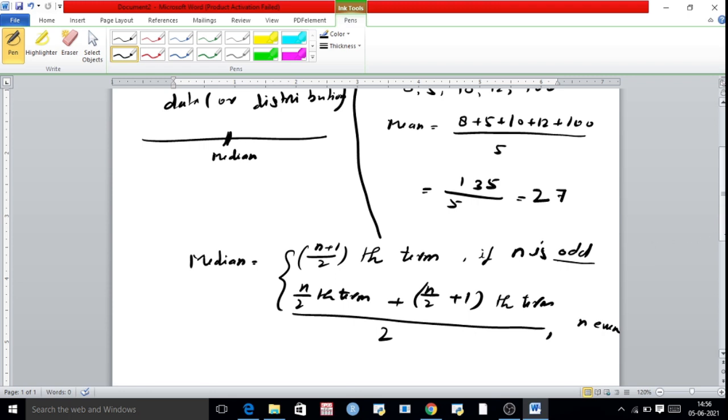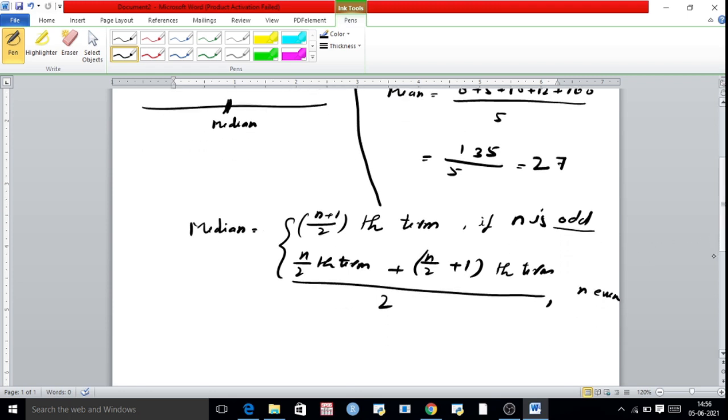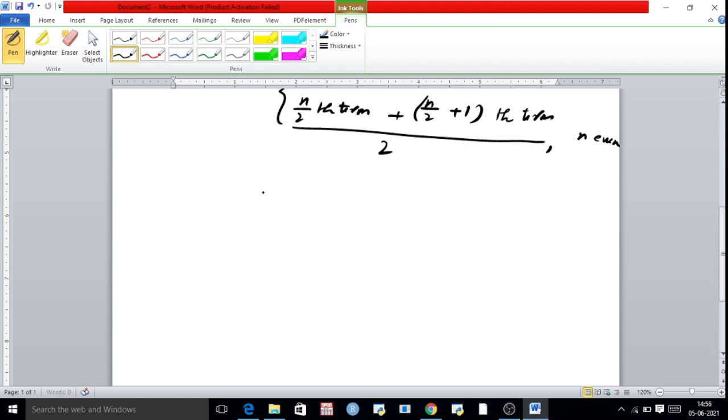So we see the example discussed above. The values given are 8, 5, 12, 10 and 100. To find the median, you must arrange these values either in increasing order or in decreasing order.